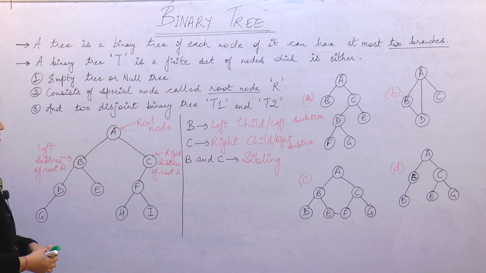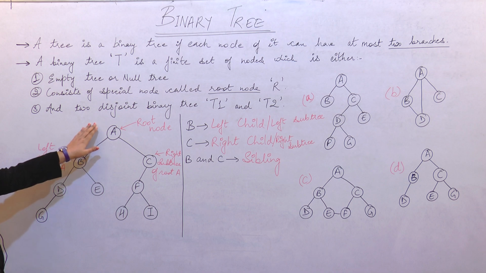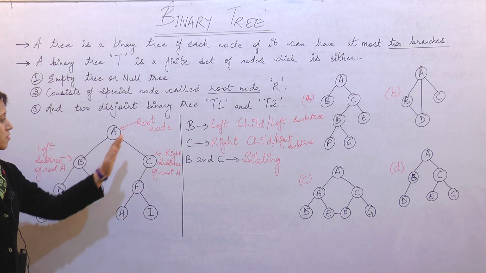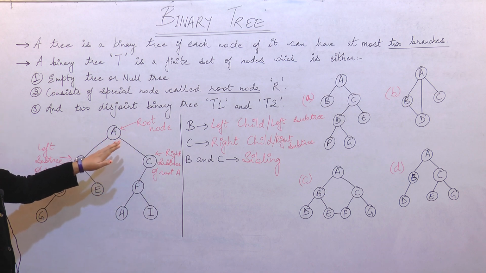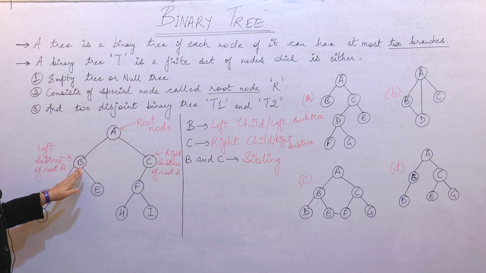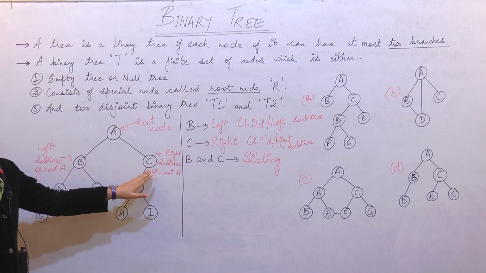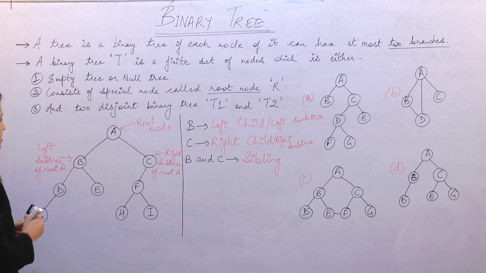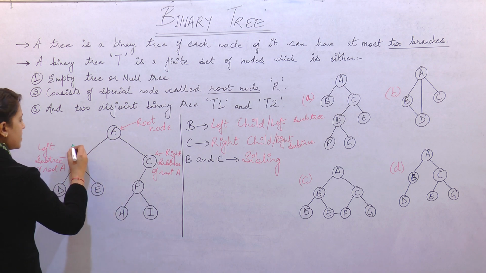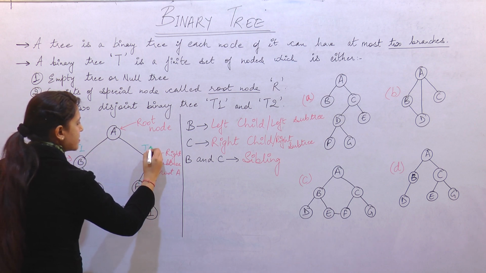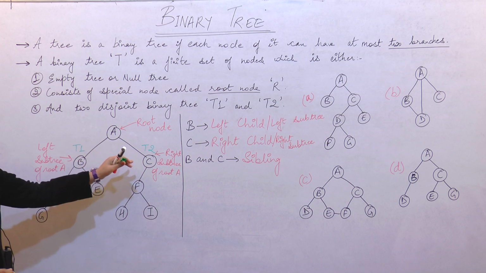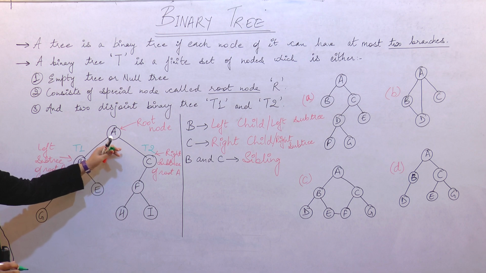Considering the root node A, we have two disjoint binary trees of the root node, B and C. B is the left subtree of root A, C is the right subtree of root A, and we can denote the left subtree and right subtree with T1 and T2. So T1 and T2 become the disjoint binary trees of root node A.